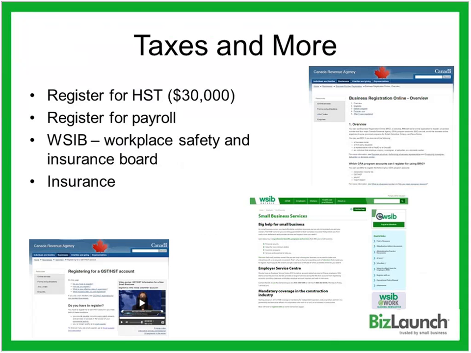So if you think you're going to do more than $30,000 of revenue a year, you have to register for HST. That's the law. But even if you think you're going to get close, I recommend you register for HST. And the reason is that if you go over the number, I had a very good example of a small business owner last year. She thought she hadn't registered for HST. But when they ask you all these questions, she clicked the HST button.